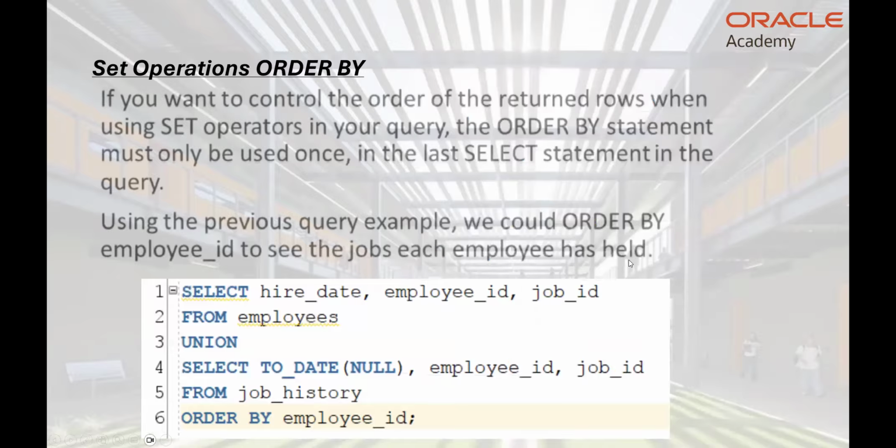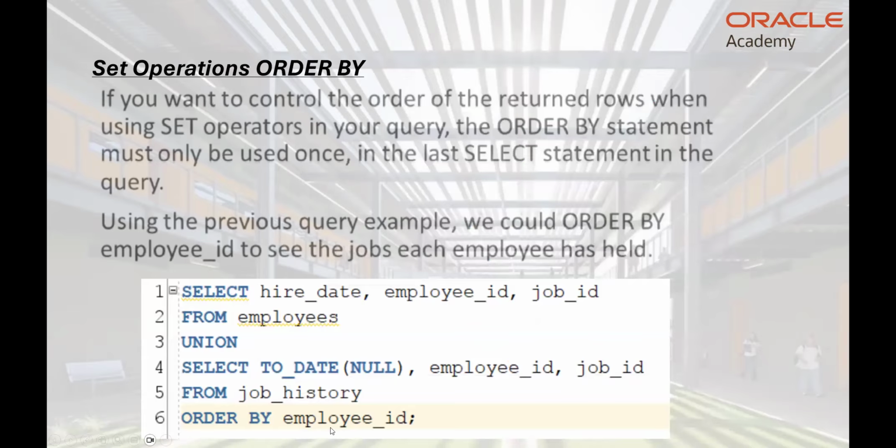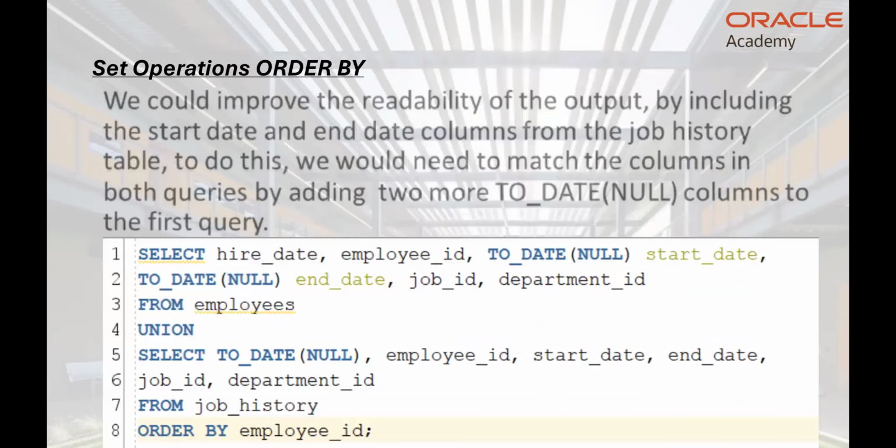Now, does that query make sense? Query and result make sense to everyone? Showing the query again and then the result. The only difference here is that we're using order by to organize it. We can improve the readability of the output by including the start date and end date in the job history so that we know when that employee ended a job and started a new job.